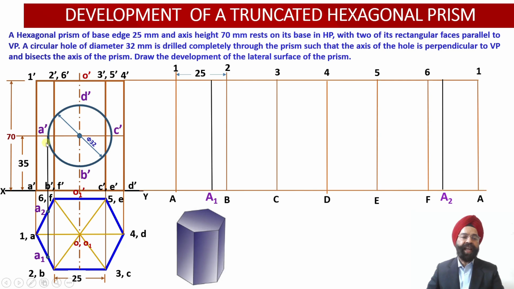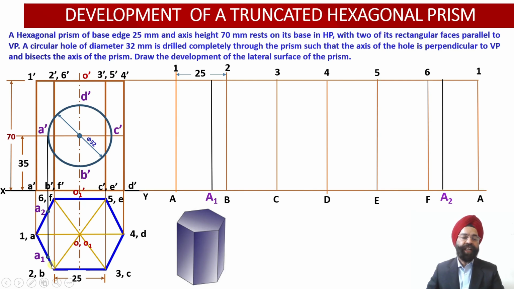Similarly, this projector line from A dash, it has intersected with the base edge AF which is going to lie on the back side of this particular solid. So this is the rear face of the solid, that is starting from DE, EF and FA. This is the front face of the solid.